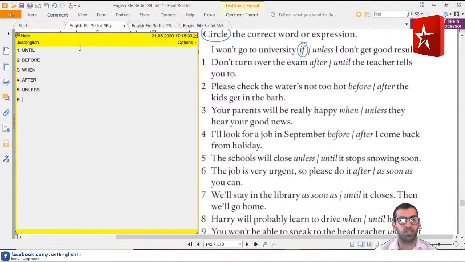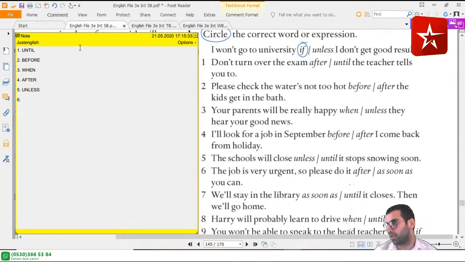Number 6, the job is very urgent, so please do it after or as soon as you can. All right, they say after. Mr. Alp says after.